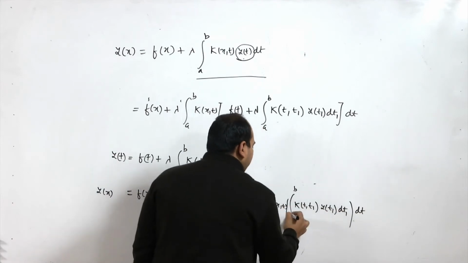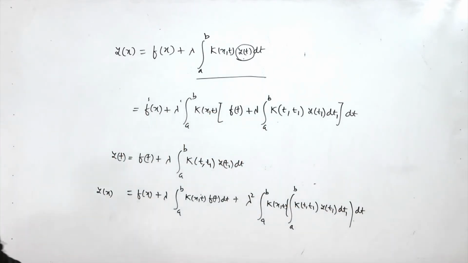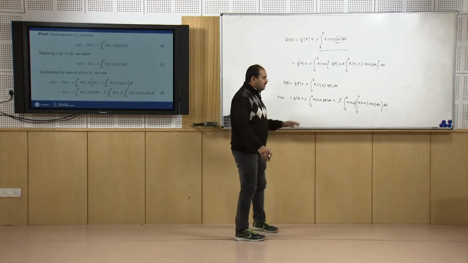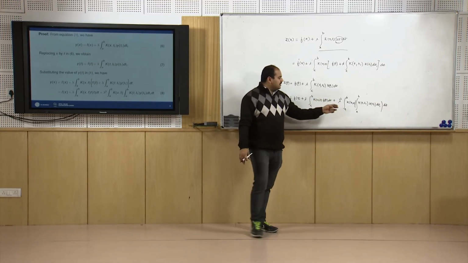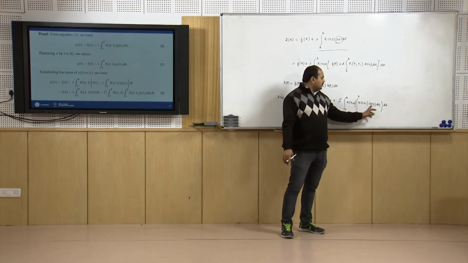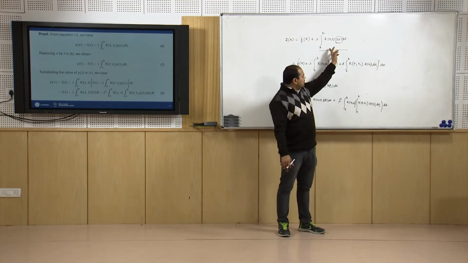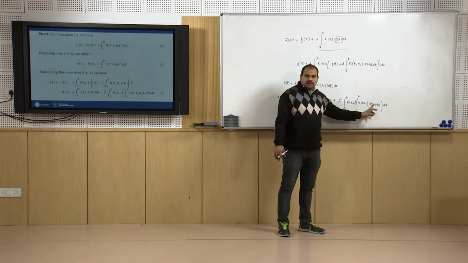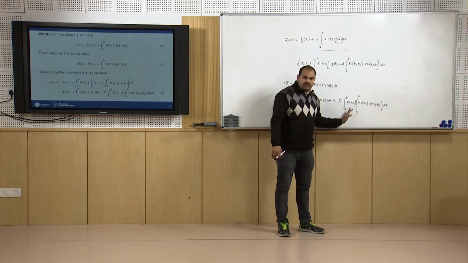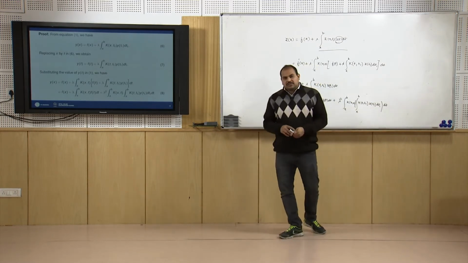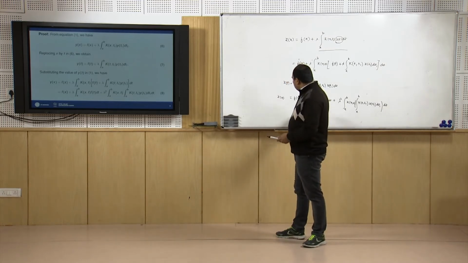Okay. So now this process we can keep on doing. If we use the same first equation for y of t1, you can find out the value of y of t1, put it here, and we can go to the next step. So we can keep on doing this.